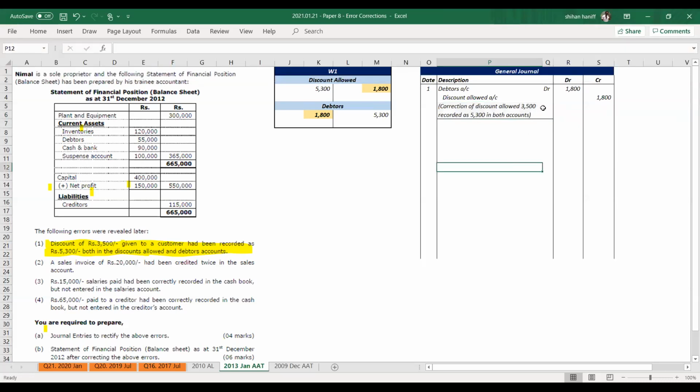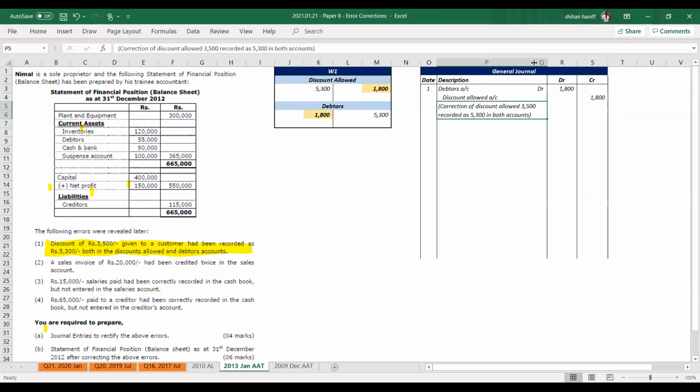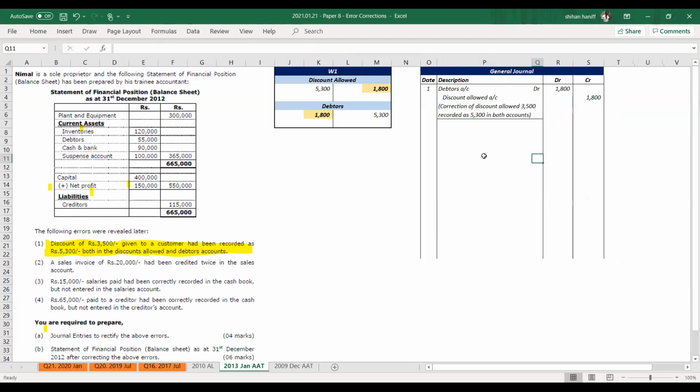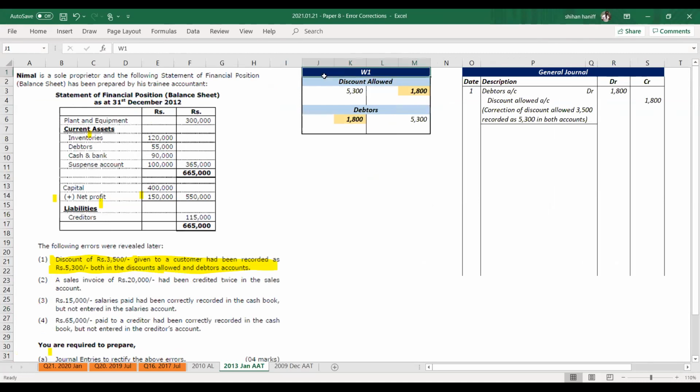So that's how we correct the error. Correction of discount allowed 3,500 recorded as 5,300 in both the accounts. So this is working number 1. Recorded as 5,300, therefore we have to deduct.